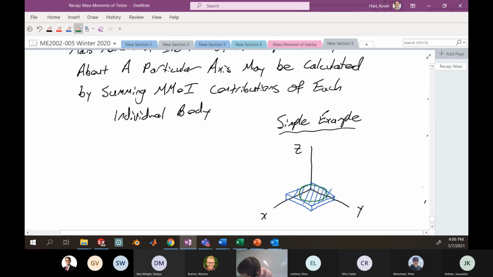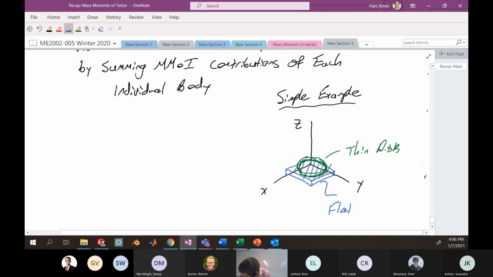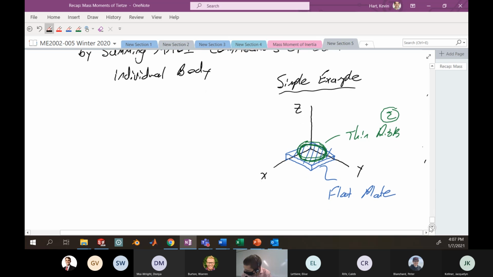So on top of your plate, you've got some other thin disk on top of it. I know, not the best picture. Sorry about that, but thin disk. And here's your flat plate. Okay, so let's call the thin disk object number 2. And we can call the flat plate object number 1.